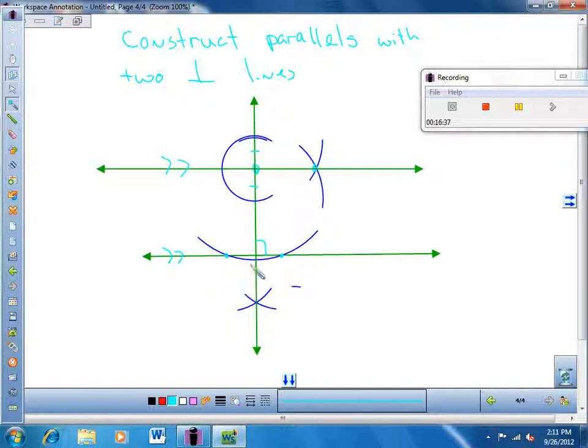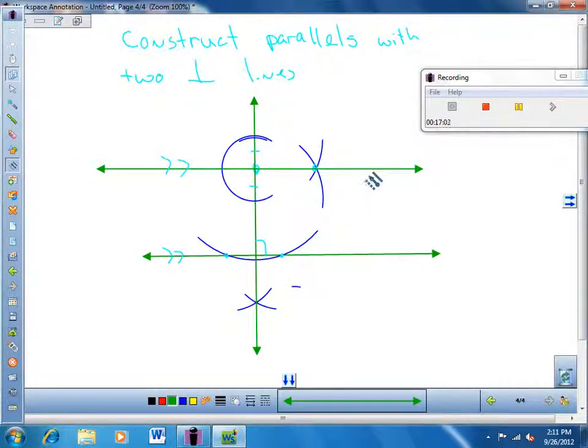Next, that's three different ways you can make parallel lines. And like in your homework, they're going to ask you to make a trapezoid. I'm not going to construct a trapezoid, I'm just going to say you could easily make one because now you know how to make parallel lines.